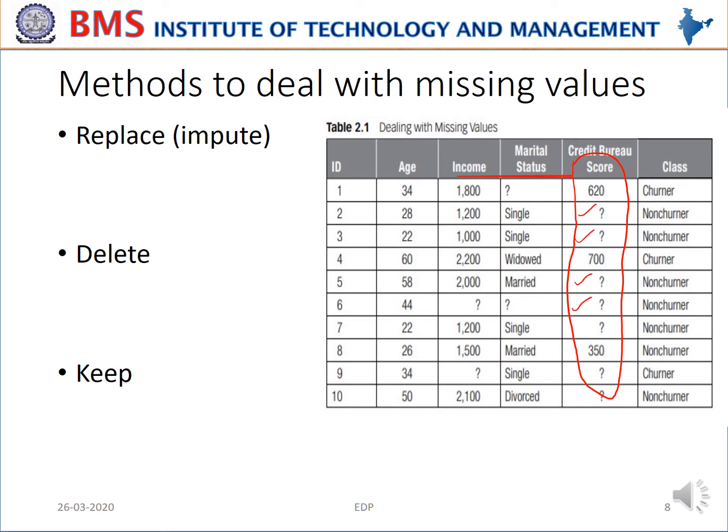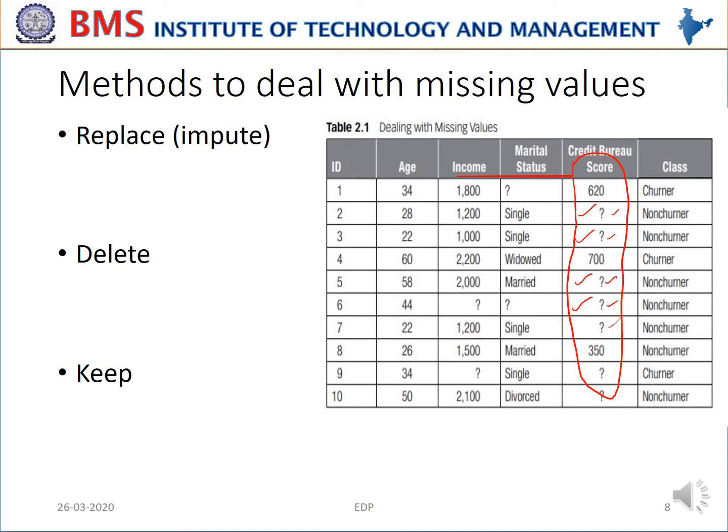If we want to replace these missing values reasonably, then we can calculate the average of the existing credit bureau scores, or we can take the median of the existing values and use that average or median to replace these values. That may be a reasonable replacement of the missing values.